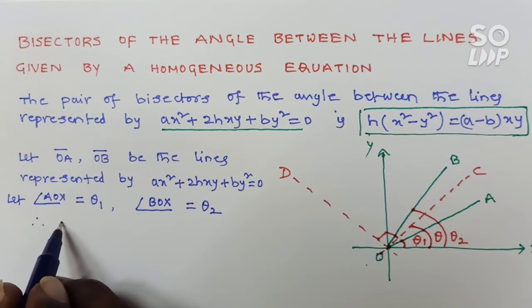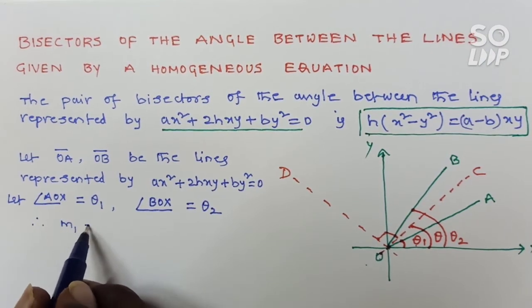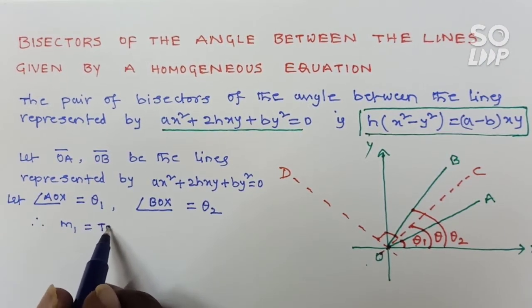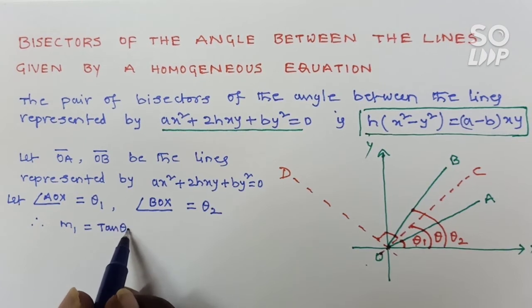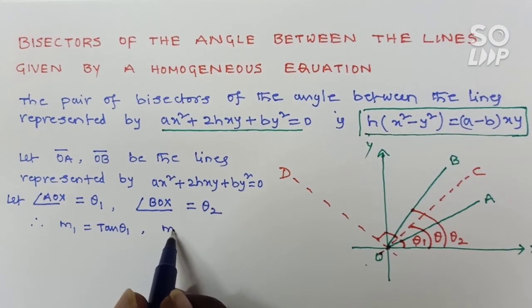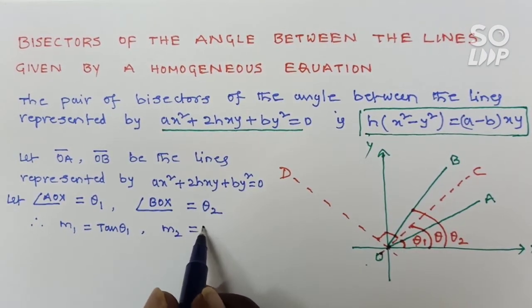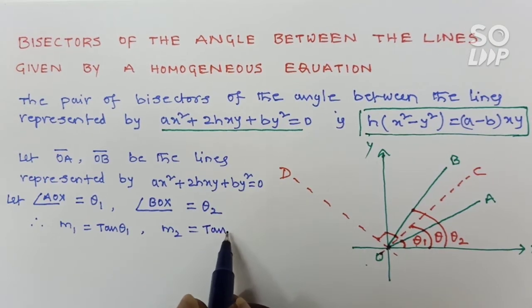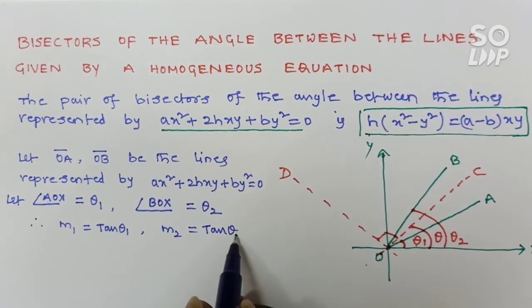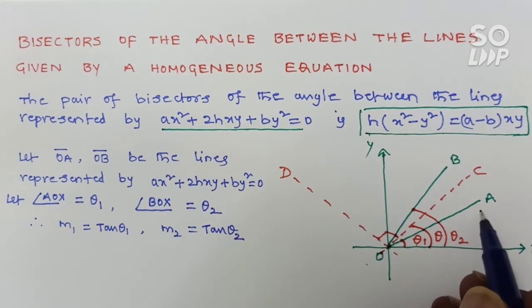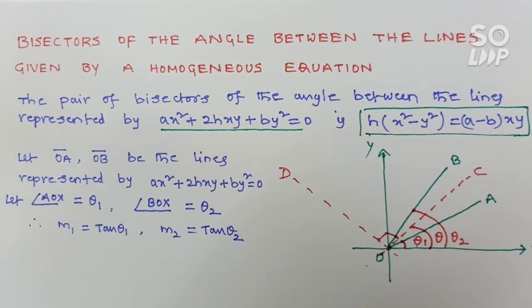Therefore m1 is equal to tan theta 1, m2 is equal to tan theta 2. m1, m2 are the slopes of the lines OA and OB. Right?